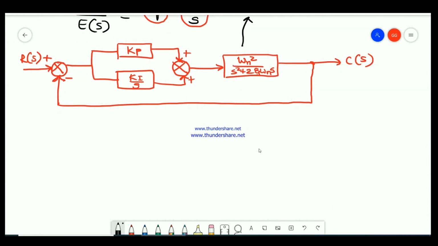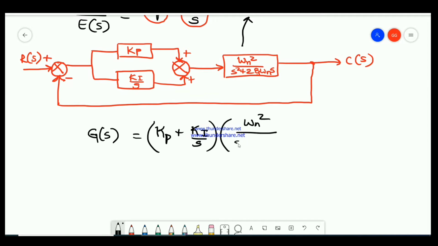Now Kp and Ki by s is connected in series with the forward path gain of the second order system, therefore C of s by R of s can be defined. Before that we will see G of s here, where G of s equals Kp plus Ki by s multiplied by the second order system omega n square divided by s into s plus 2 zeta omega n, because s is taken common.